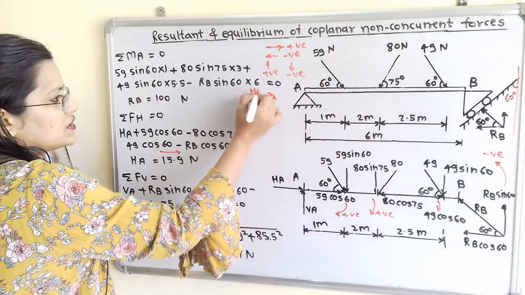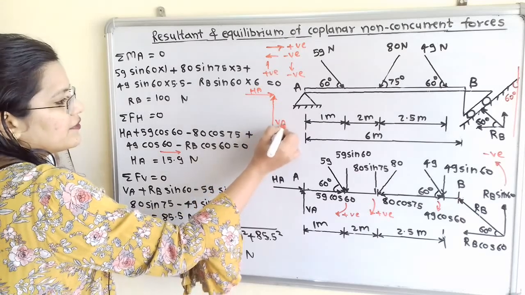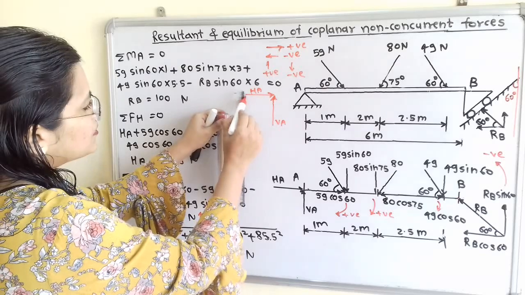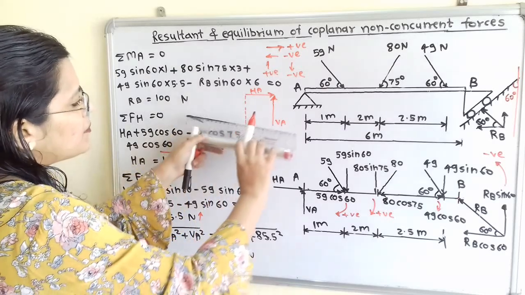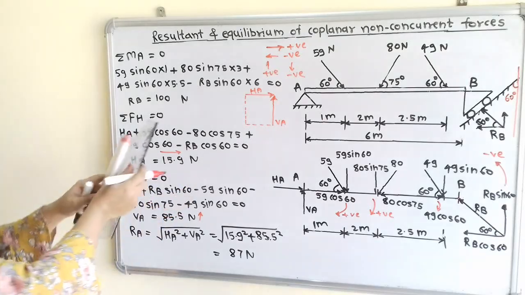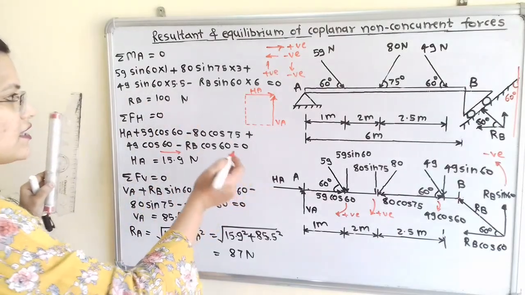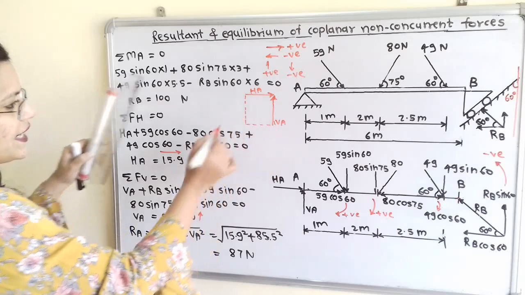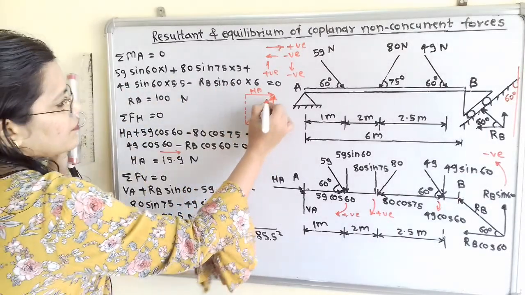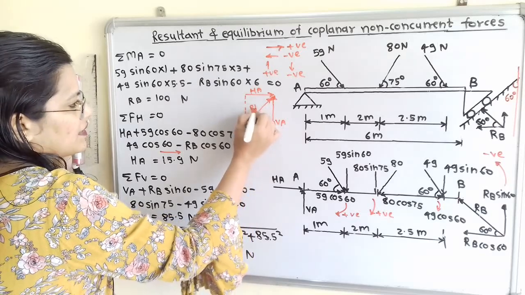So this is HA and this is VA. Now I will show a rough construction. I will complete this, and if I draw it, it is the resultant. So the resultant of HA and VA we will show in this way. This is RA.